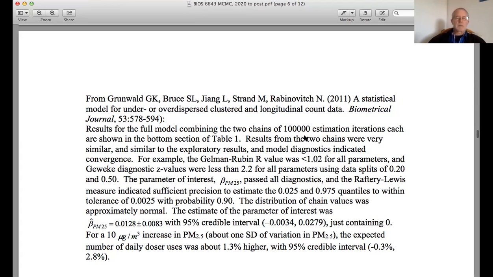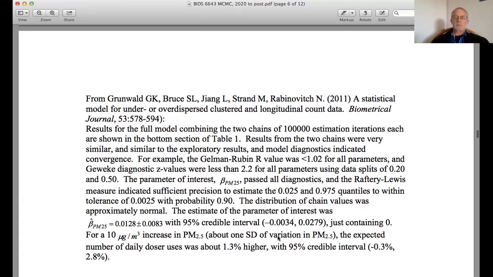What else? Okay, so we talked about some stuff here. Estimate, parameter of interest. All these numbers here, the beta hat, the standard error of beta, and instead of a confidence interval, it's called a credible interval. Here's the interval.